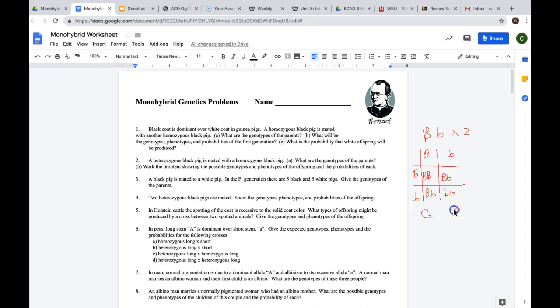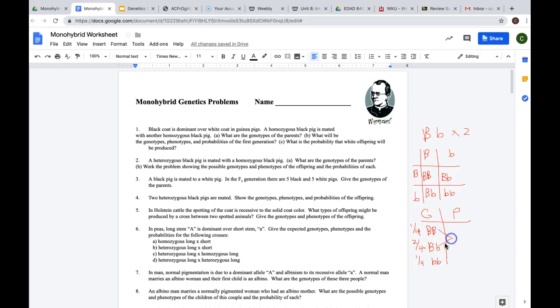Genotype, phenotype, we have 1/4 homozygous dominant, 2/4 heterozygous, and 1/4 homozygous recessive.